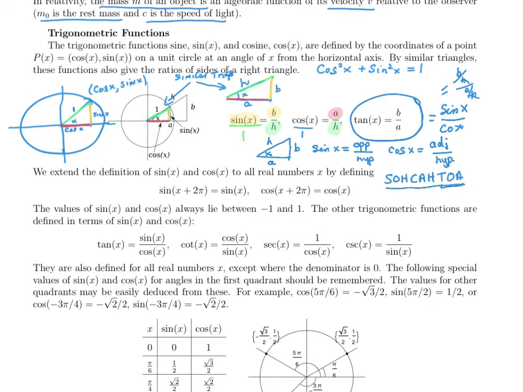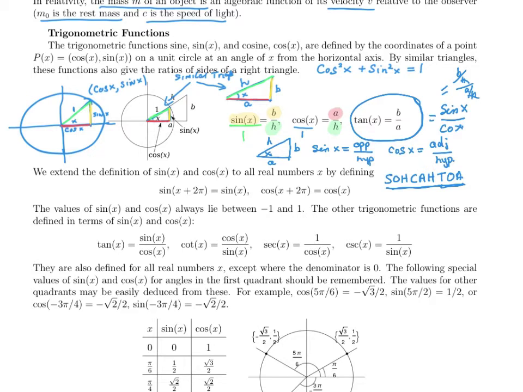So this is something that people often use to remember sine, cosine, and tangent, and how they line up in this right-angled triangle. Notice that these angles are all between 0 and 2 pi radians.